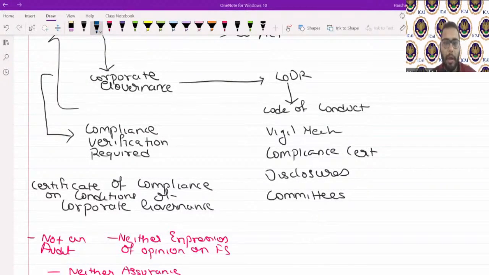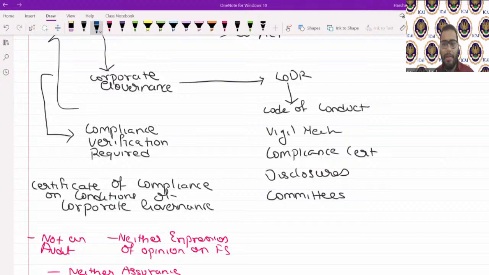Going back to the topic, what is covered under this particular area. Now, going to the details of corporate governance, understand what corporate governance is.